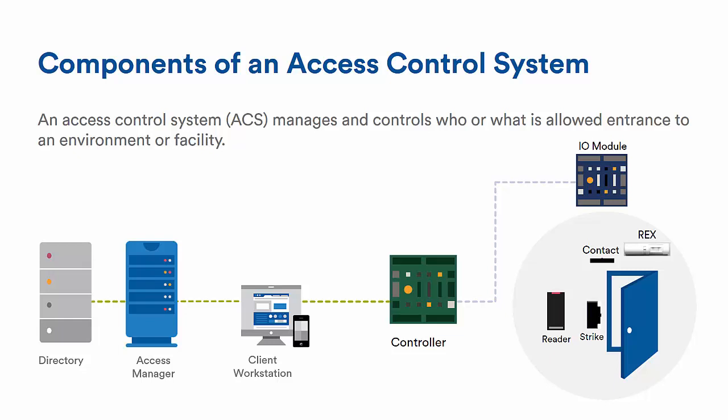Further downstream, our controllers save the access control settings, the database and access rules locally, and ultimately make the access control decision. The input-output module presents the inputs to the controller, and the controller tells the I/O module which output is needed. Finally, we have our door hardware, including the request to exit, the door contacts, the door strike, and the reader. Today, of course, we're focusing our attention on the cards and readers.